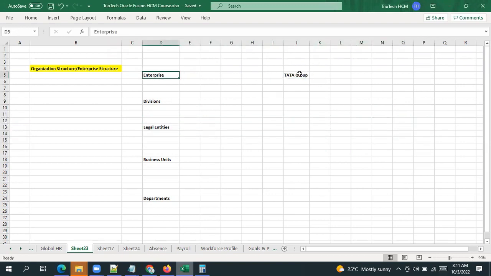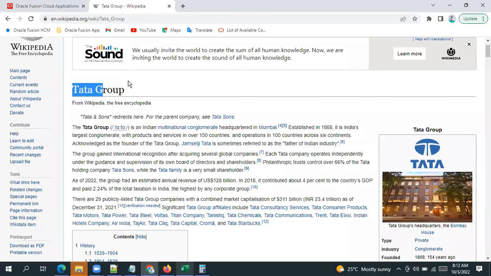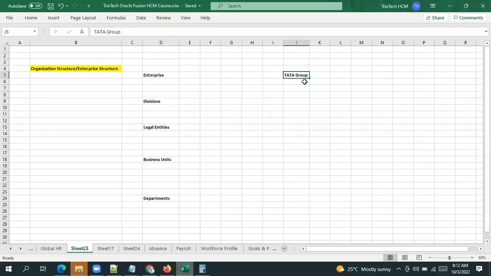So we can name it as a top level assumed entity of your client organization, or the mother holding group, or the ultimate holding group of your organization. So you can consider it as an enterprise in the Fusion system. So in our example here, for the client Tata, the Tata group, the mother holding group at the top, is called the enterprise, team.